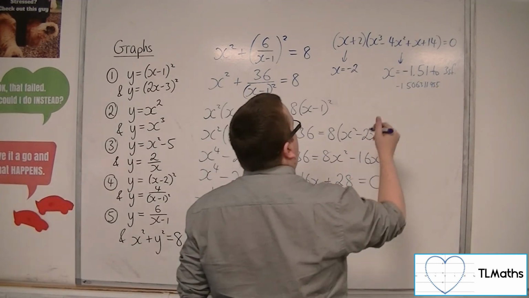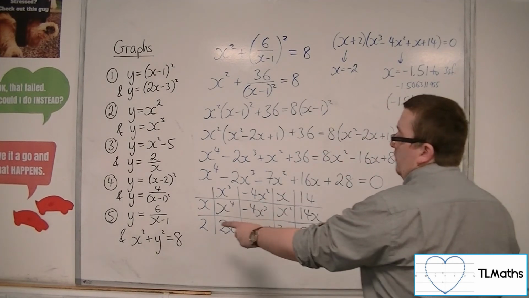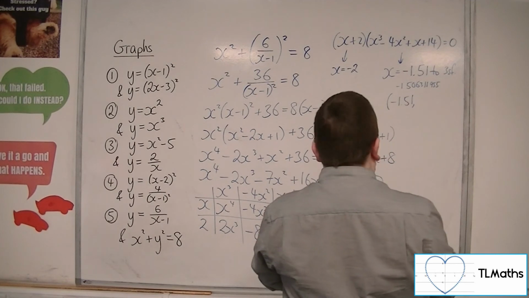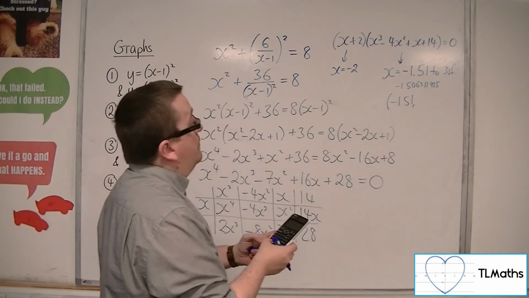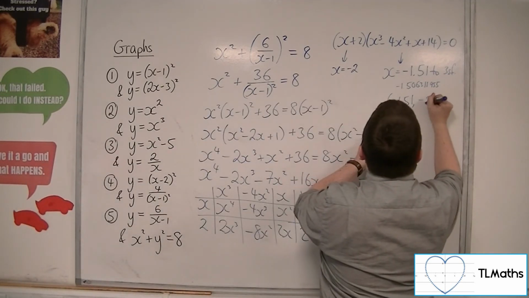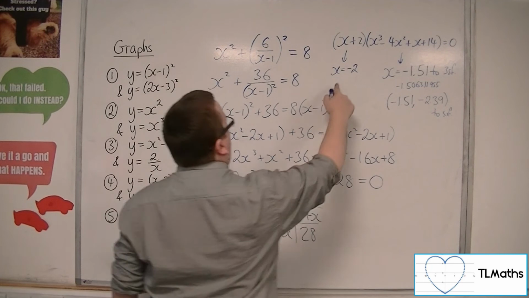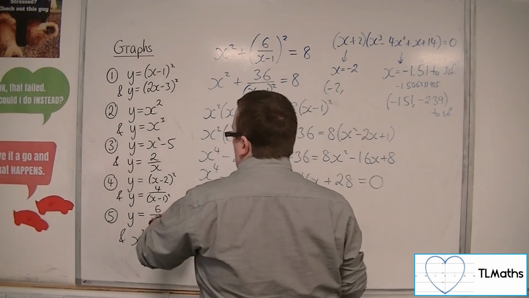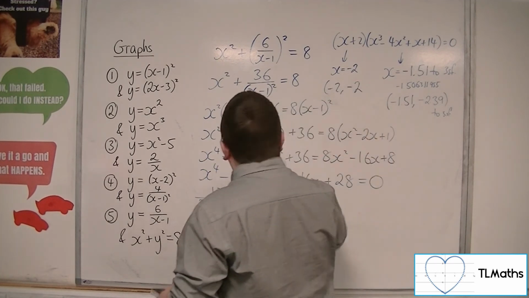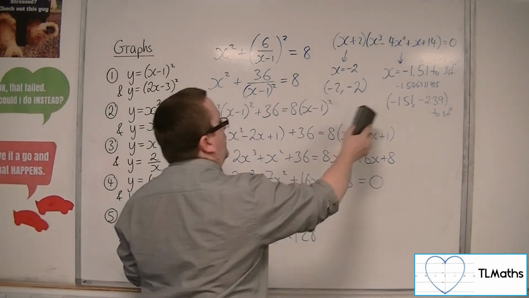If that is the x value, then if I substitute it into this, we get minus 1.506311955 take away 1, we get minus 2.39 to 3 sig fig. And when x is minus 2, we get 6 over minus 2 take away 1, so 6 over minus 3, which is minus 2. So we actually have these two coordinates of intersection.